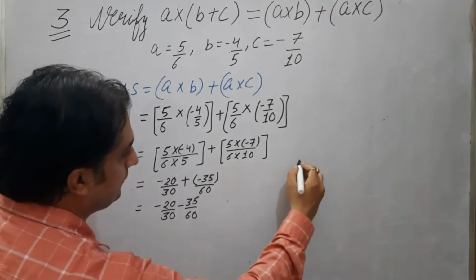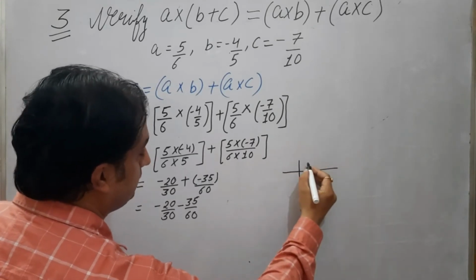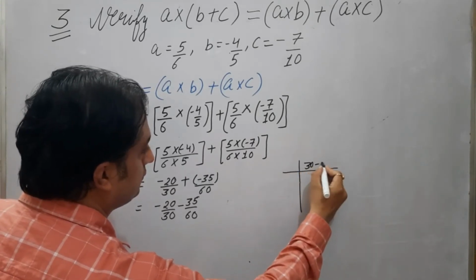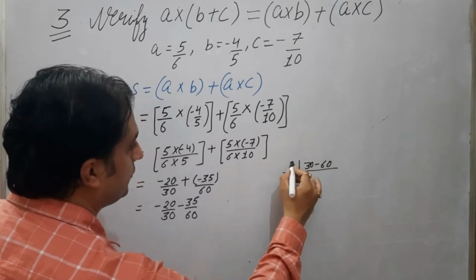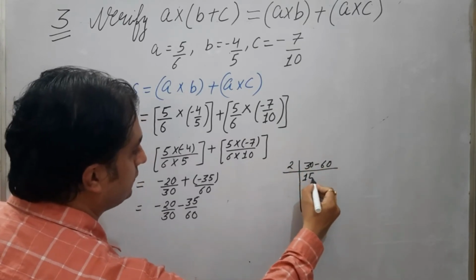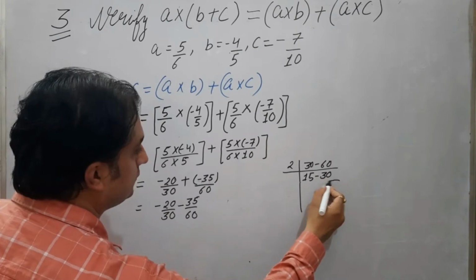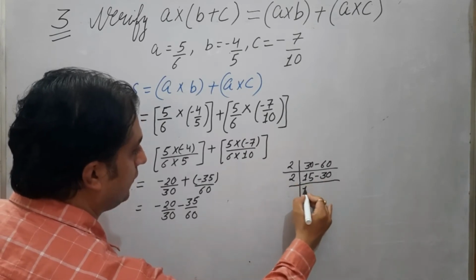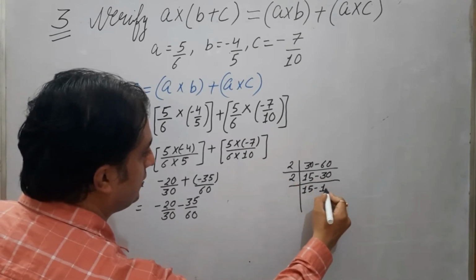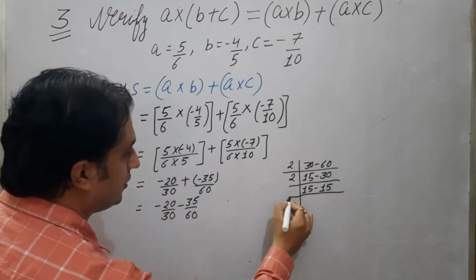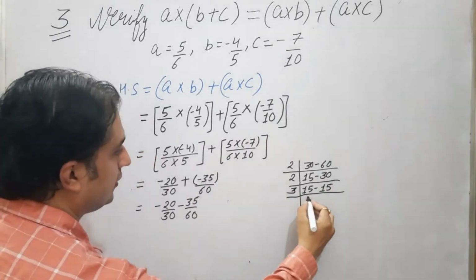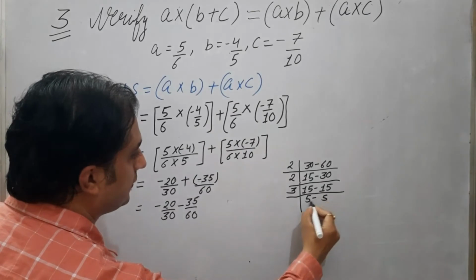If I take the LCM, starting with 2, 15, that is 30. 2 15s are 30. Now the second prime number is 3, 3 5s are 15.